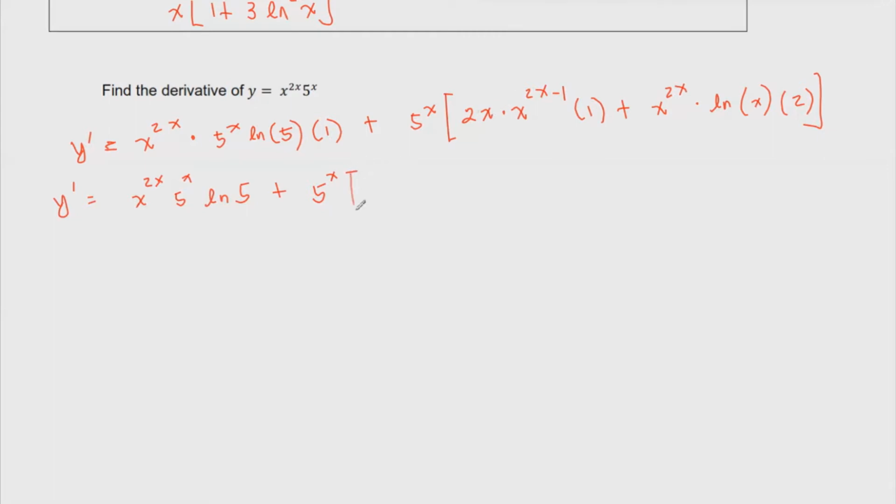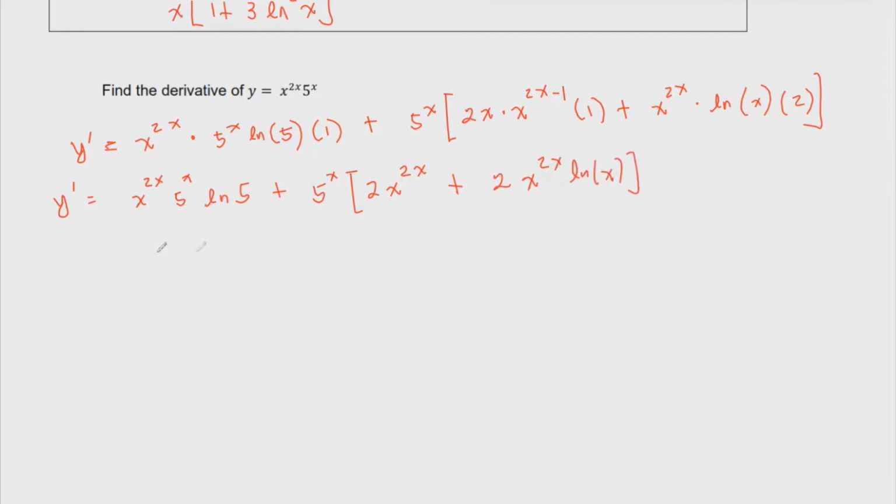So we have something like 2 raised to x, and then with this we have 2x plus x plus 1, so we have raised to the 2x in this case. And then we add 2, and then x to the 2x, and then ln of x.